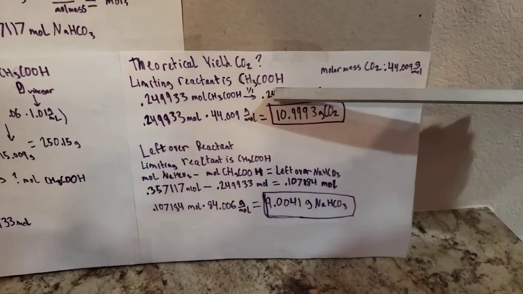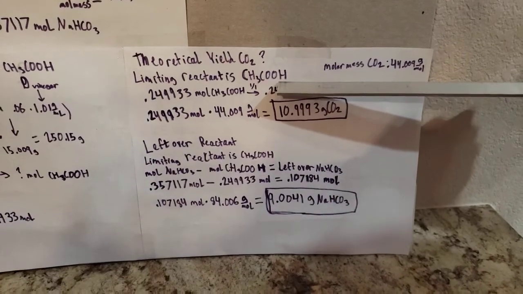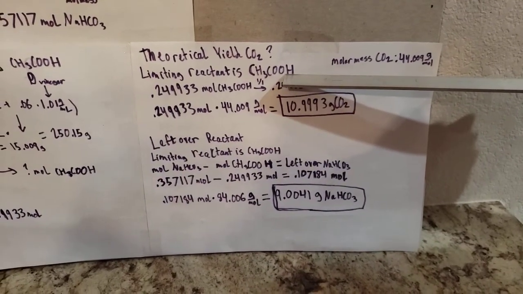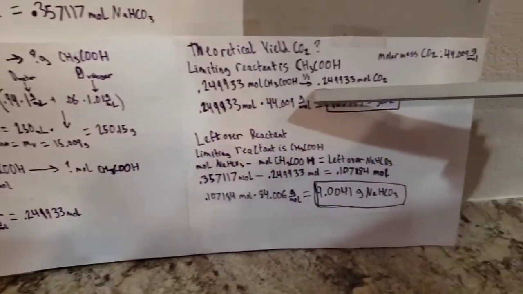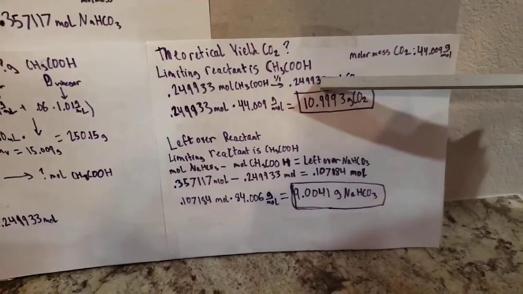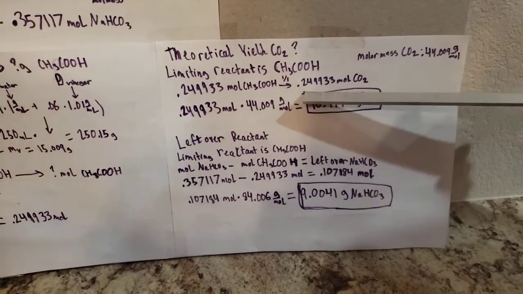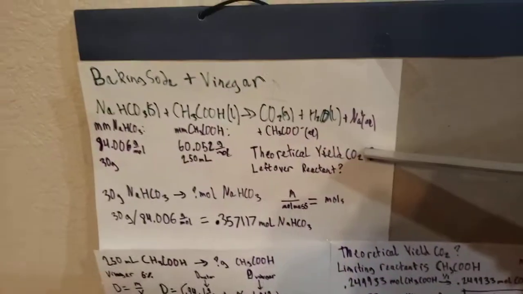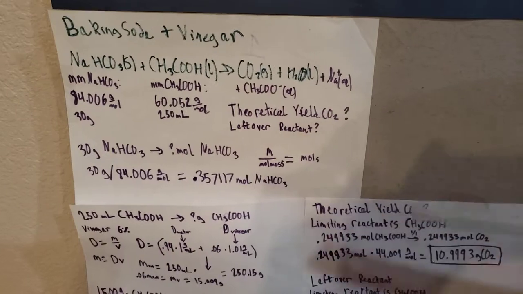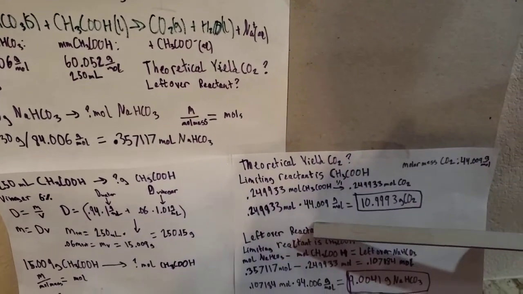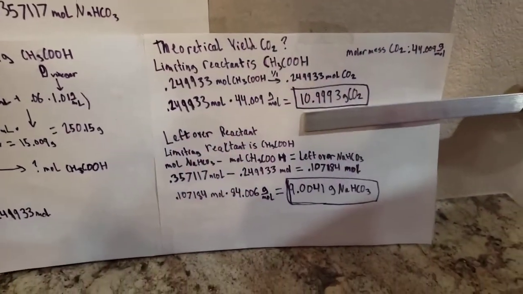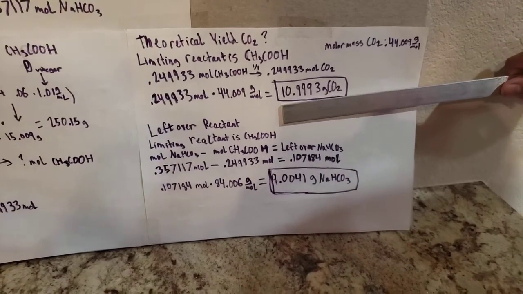We know that the vinegar is the limiting reactant because it's less moles. So we do a 1-to-1 conversion from vinegar to carbon dioxide as per our chemical equation, and then we multiply by the molar mass to get this many grams of carbon dioxide as our theoretical yield.